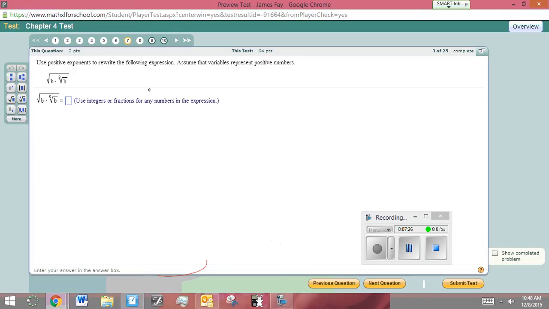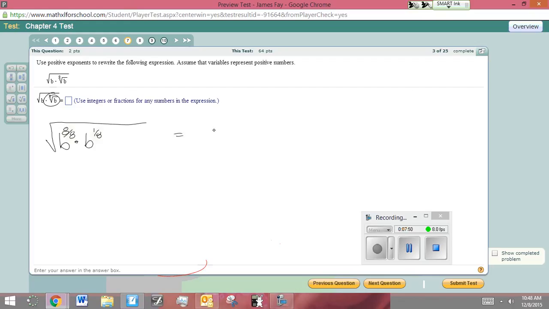Okay, here we've got nested radicals. Like I said in class, we want to work on the innermost part. So I'm going to take that and rewrite it as b to the 1/8, with rational exponents. Now I'm going to multiply these b's on the inside together, so they have to have a common denominator to add their exponents.